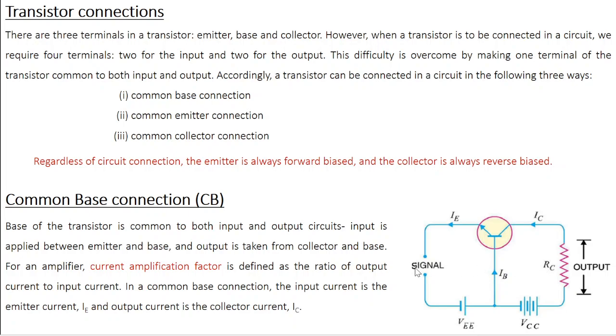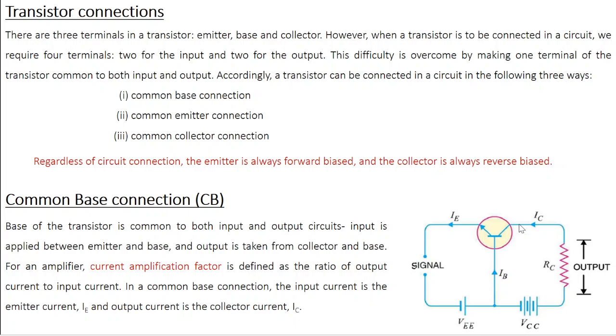Now, in any amplifier, the ratio of output current to input current is known as current amplification factor. Now in the case of common base connection, the input current, you can see from this figure, is the emitter current and output current is the collector current.